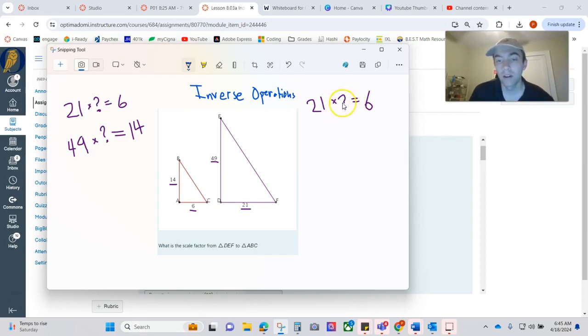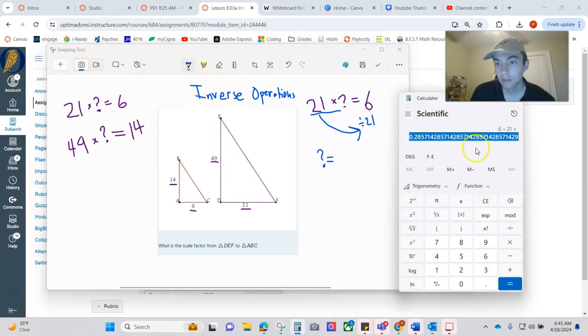We want this question mark all by itself, so let's move the 21 to the other side. We can move the times 21 to the other side by doing the opposite operation. What is the opposite of 21 times? Yep, divide by 21. So our question mark will equal whatever 6 divided by 21 is.